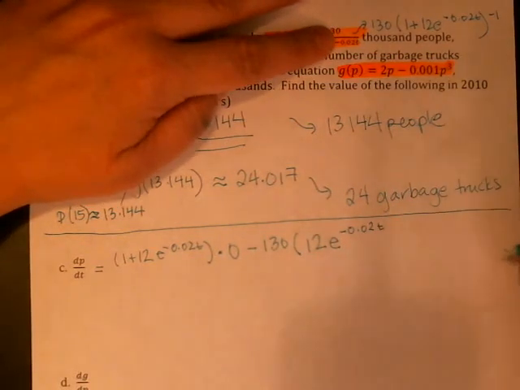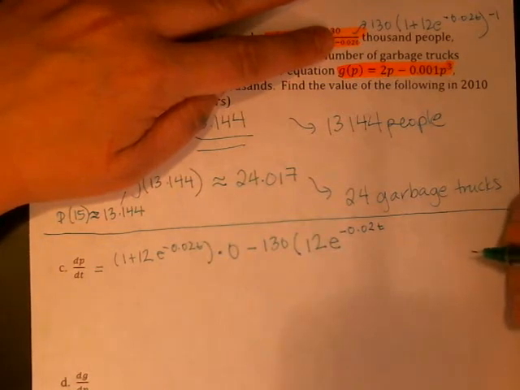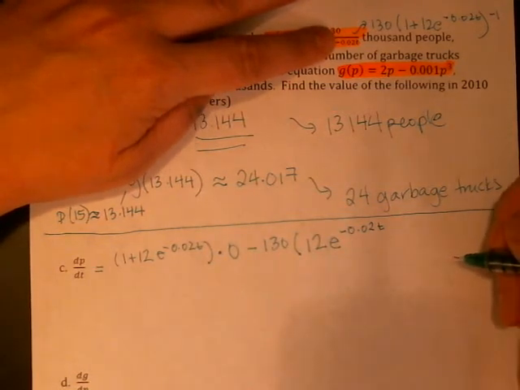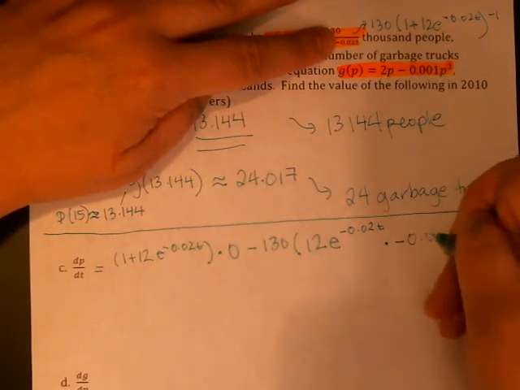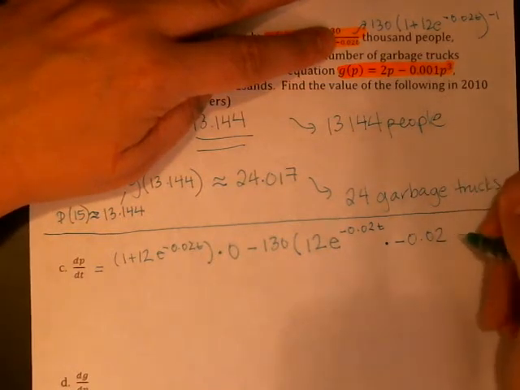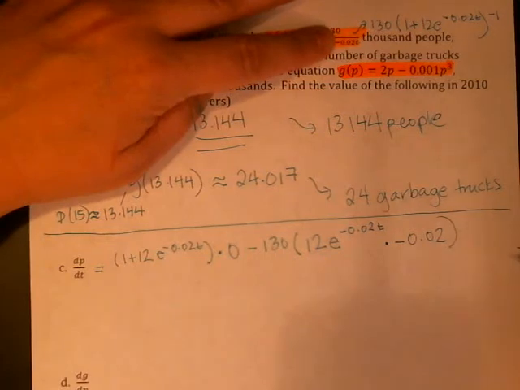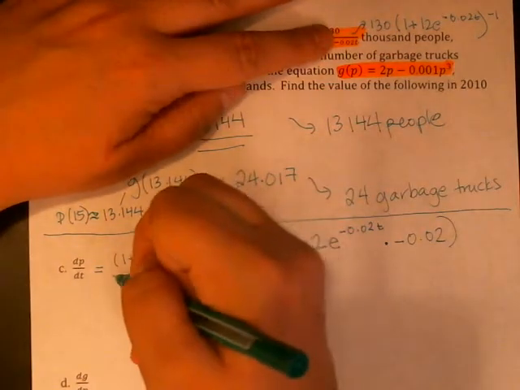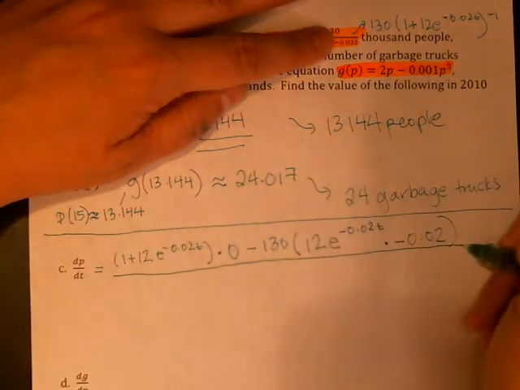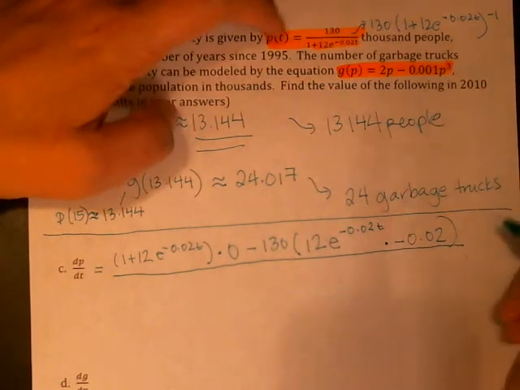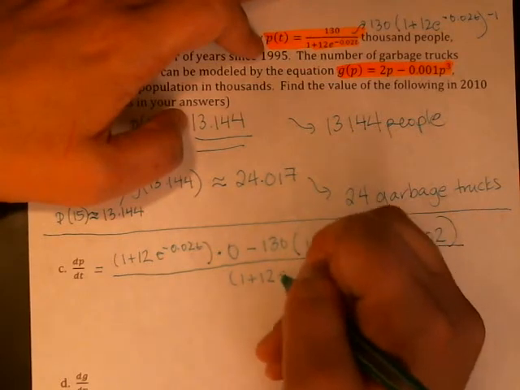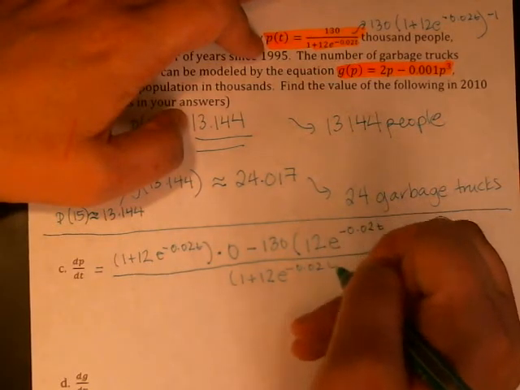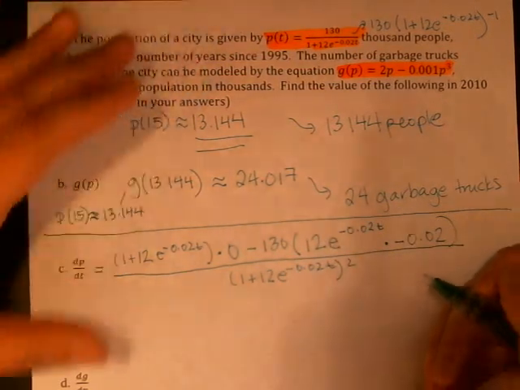And then the last step here, since that wasn't just e to the t, it was e to the stuff, I will have to do a chain rule and say I need to multiply by the derivative of the stuff, which is negative 0.02. And then all of this should get divided by the bottom squared. So it's going to be (1 plus 12e to the negative 0.02t) squared.